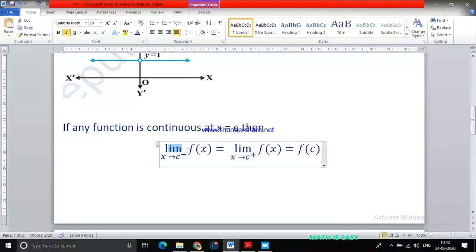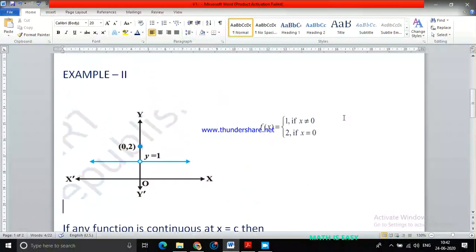Left limit of the function equals right limit of the function equals functional value. If these three are equal, then only I can say the function is continuous.